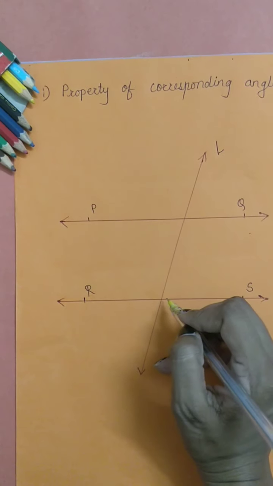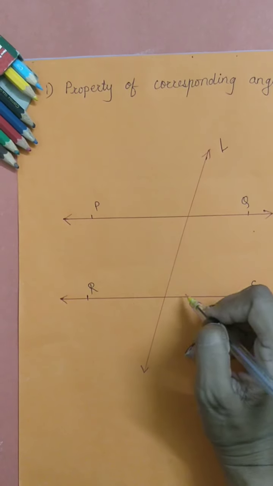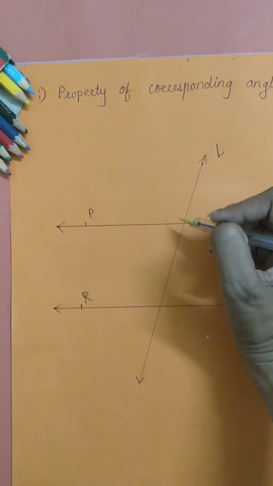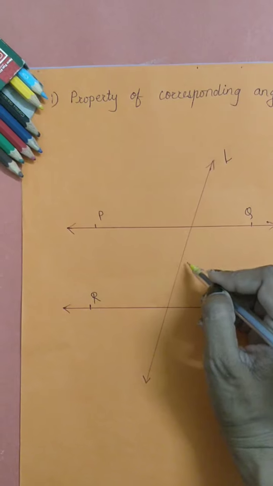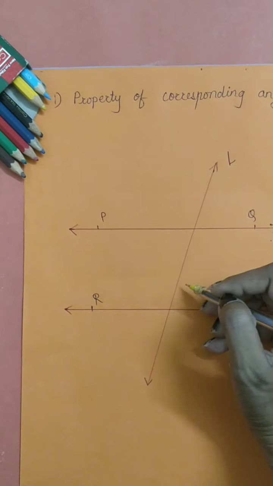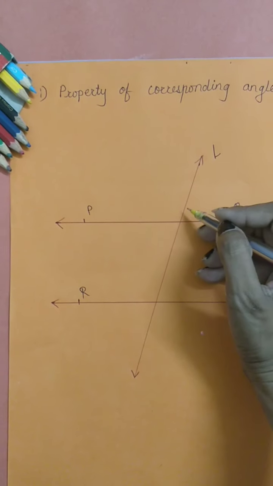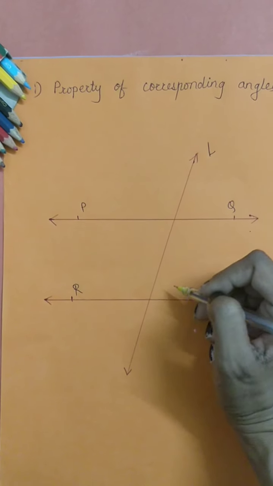So angle 1 and this angle 2, their one arm is in this direction and the other arm is on the transversal but also in the same direction. So these two angles are corresponding angles. Okay, so the property says that these two angles are congruent.